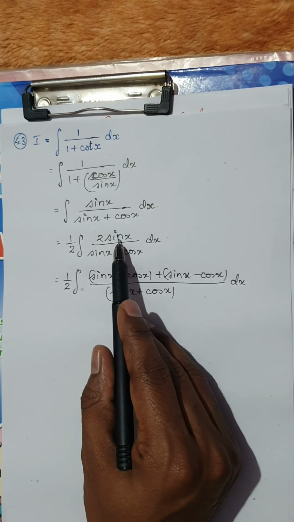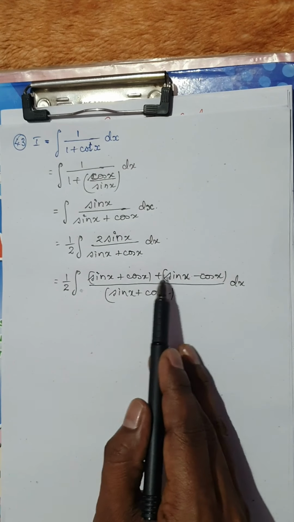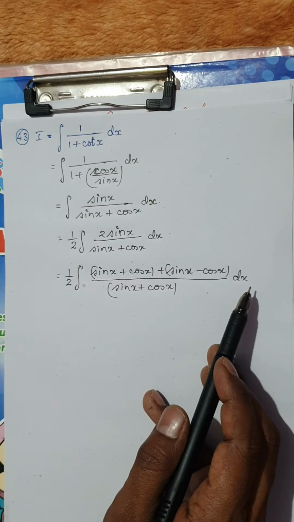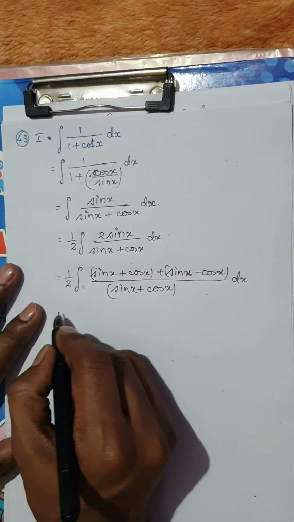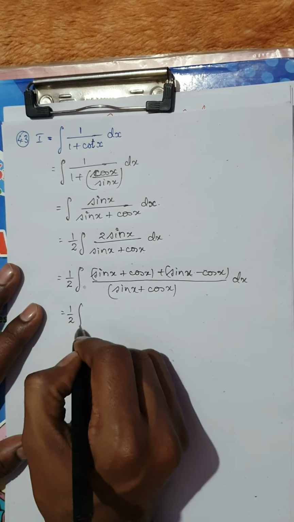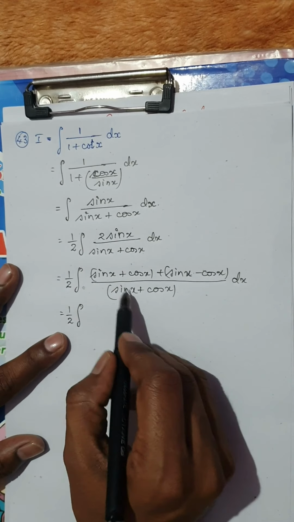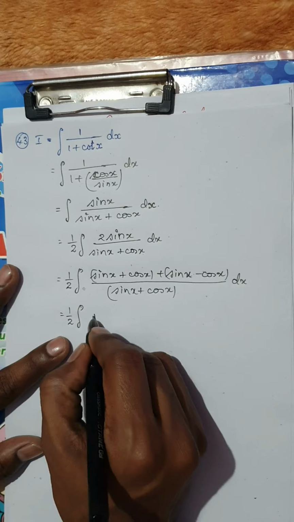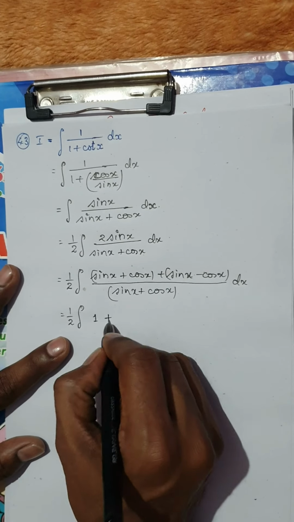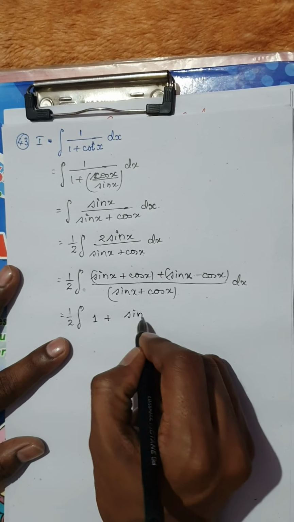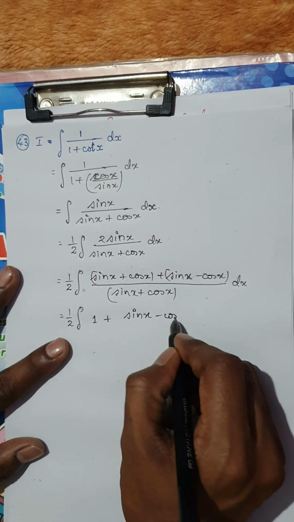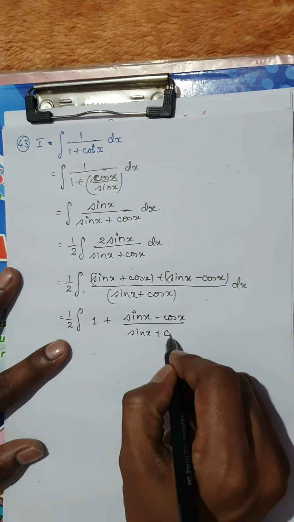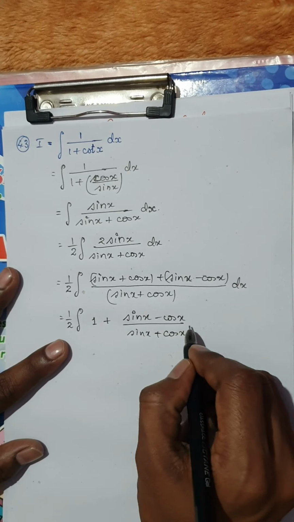Look here, 2 times sin x I am splitting as sin x plus sin x, and adding plus cos x and minus cos x. Remember, if you split the denominator separately, sin x plus cos x by sin x plus cos x will be cancelled. You will get 1 plus the remaining term, sin x minus cos x divided by sin x plus cos x, dx.